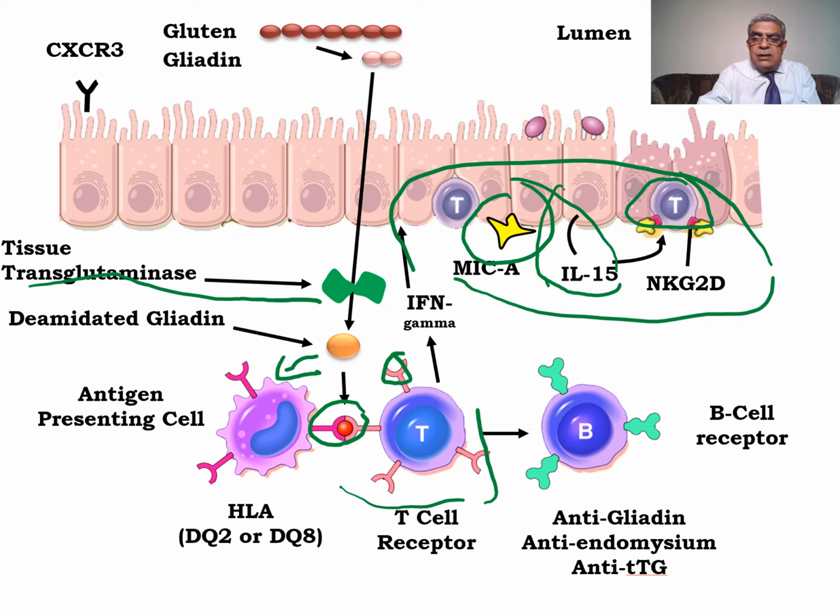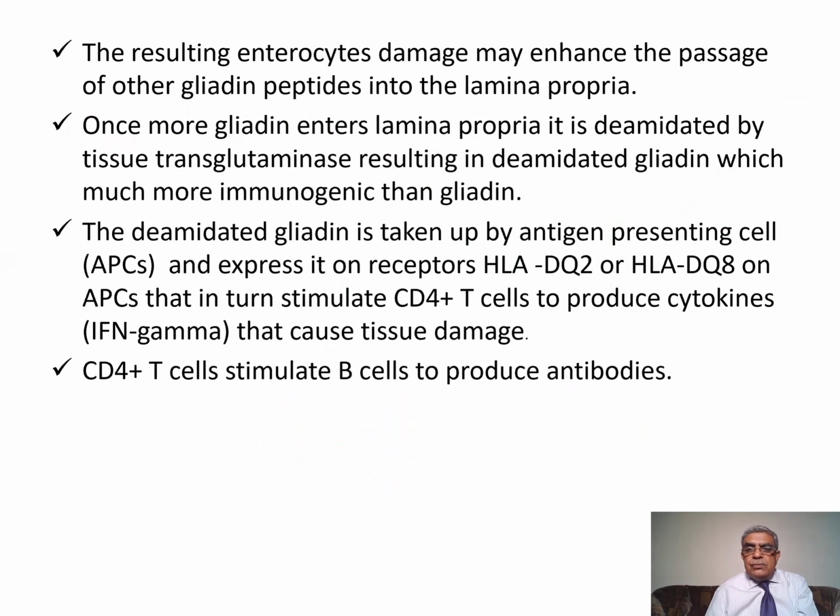These T cells also stimulate B cells to produce anti-gliadin antibodies, anti-endomysium antibodies, and anti-transglutaminase antibodies. I have discussed with you the whole slide.